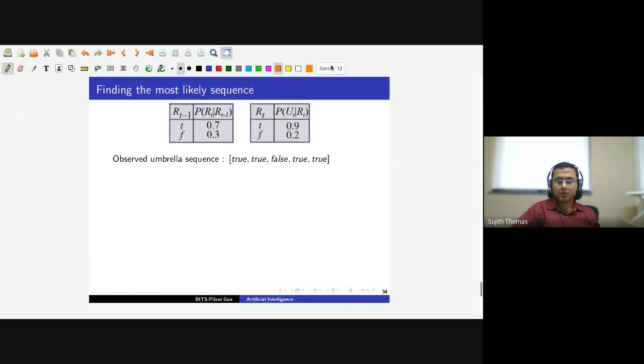So we will look at how to do this. Among all the sequences that end with R1 equal to true, we find the sequence that maximizes the probability of observing E1. And what is the sequence of state variables that end with R1 equal to false that maximizes the observed sequence?